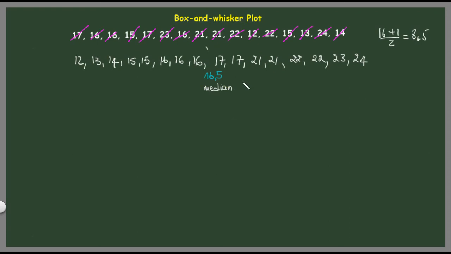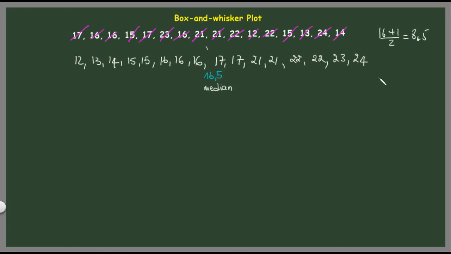Now, the next thing we want to do is to find the median of the medians. Just imagine you pick 16.5 out of this set of numbers, then you have half of it above 16.5 and half of it below 16.5. So we're going to find the median of these two sides. If we count the numbers above 16.5, we have 1, 2, 3, 4, 5, 6, 7, 8.